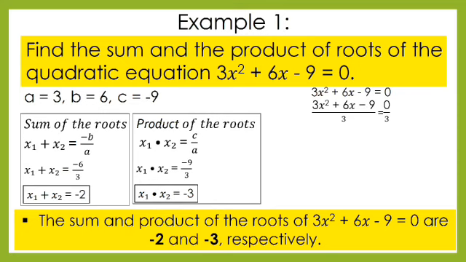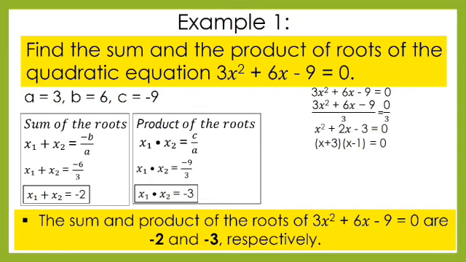And then, we simplify. 3x squared divided by 3 is x squared. 6x divided by 3 is 2x. Negative 9 divided by 3 is negative 3, equals 0 divided by 3 is 0.